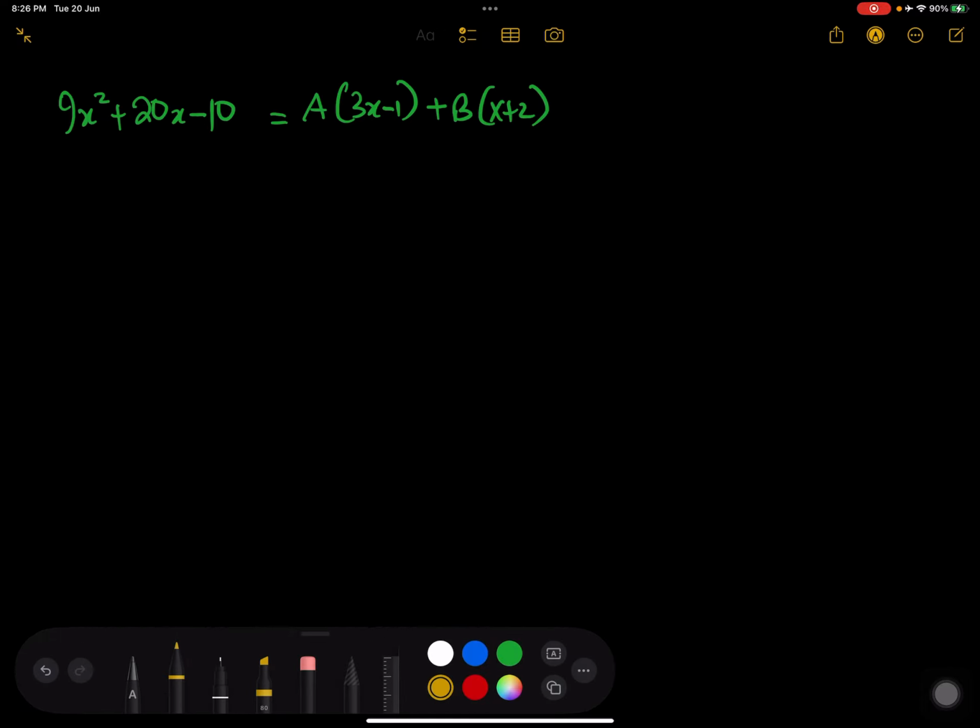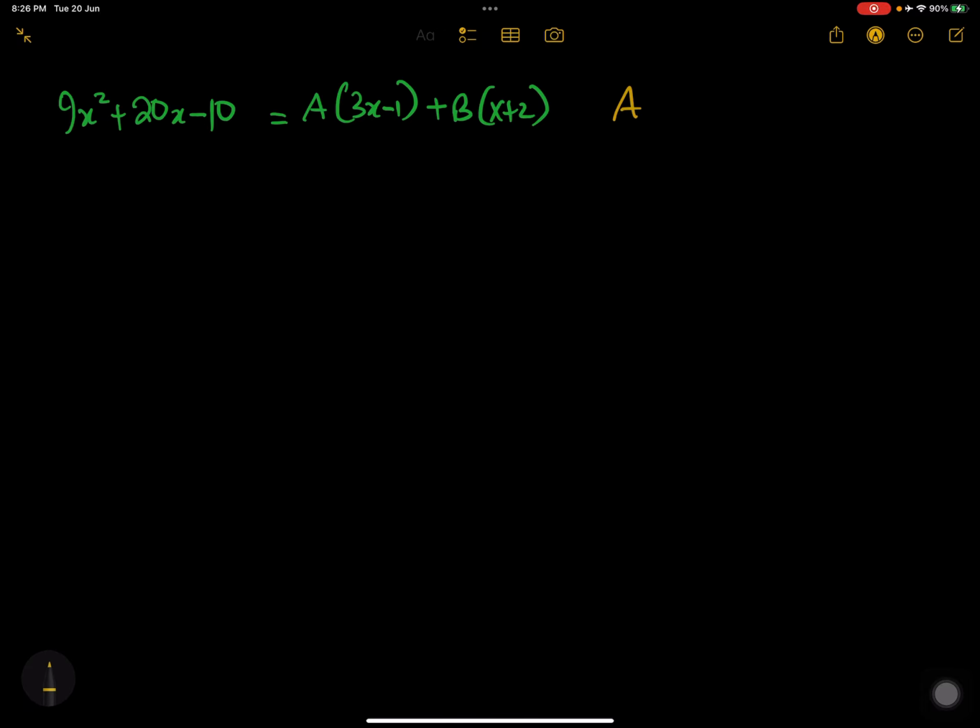So remember that we have 9x squared plus 20x minus 10, and then it was equal to a into 3x minus 1, if you remember. And then we also had b into x plus 2. But remember now, we found a to be equal to 2.